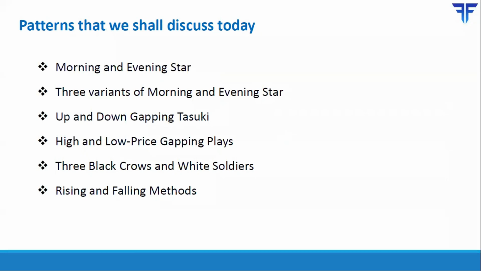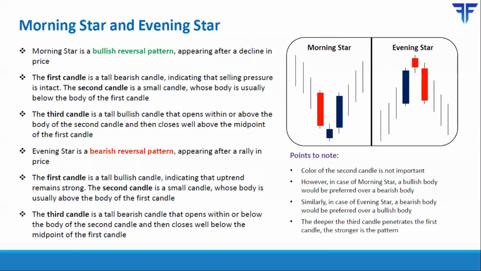So the candlestick patterns that we will be discussing today include morning and evening star and the three variants of morning and evening star, up and down gapping Tasuki, high and low price gapping plays, three black crows and three white soldiers, and rising and falling methods. So let us get started with the first pattern, which is a very popular pattern known as morning and evening star.